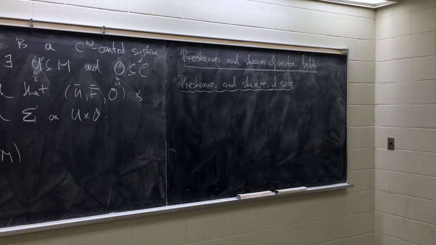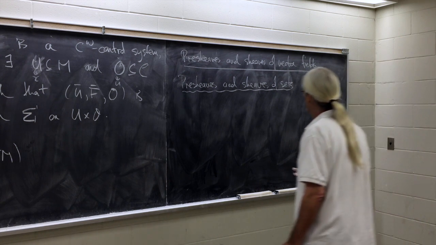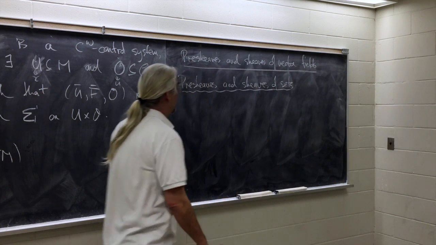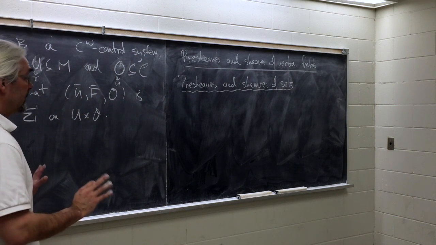Sheaf theory is really intimately tied, in any moderately advanced treatment, with category theory, and I'll illustrate slightly where that comes up. When I say sheaves and presheaves of sets, really this can be done for any category. The definitions I give will be in the category of sets, and I'll indicate how that works in general. It'll be more or less obvious. But the intuition can be gotten by thinking about sets.